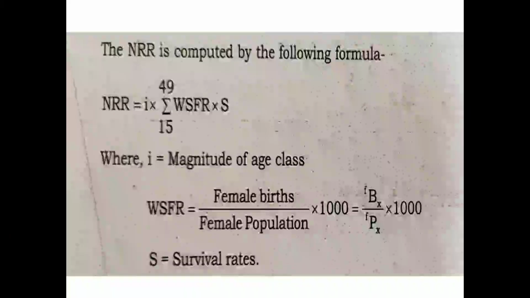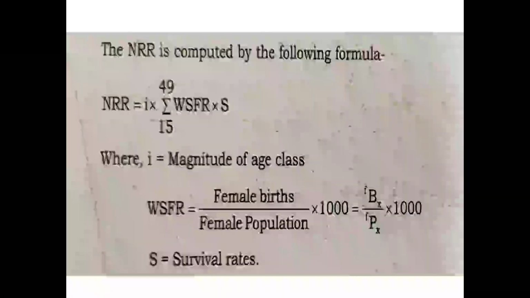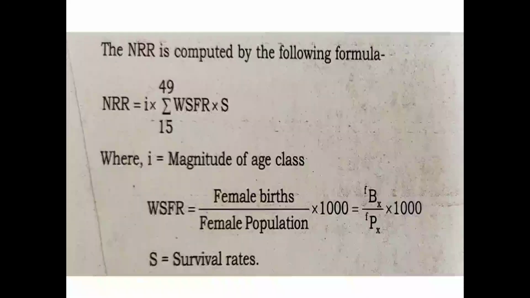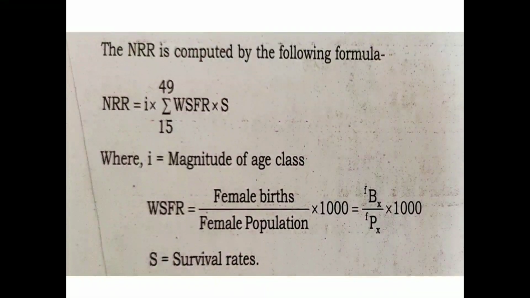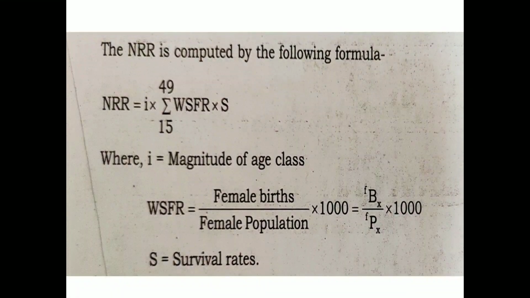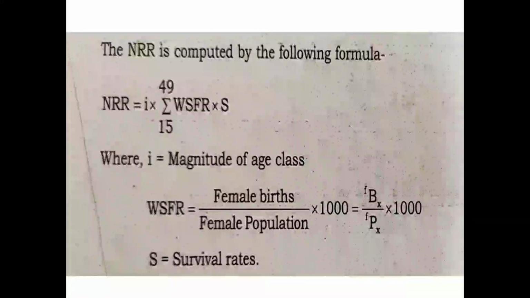Next we shall see how the formula is given for NRR. NRR is equal to I into sigma, 15 to 49, WSFR into S. Now we shall see what these terms are. I is the magnitude or width of the age class.